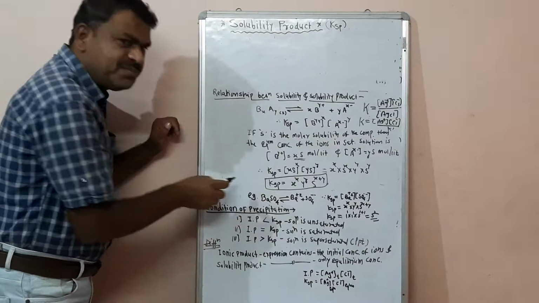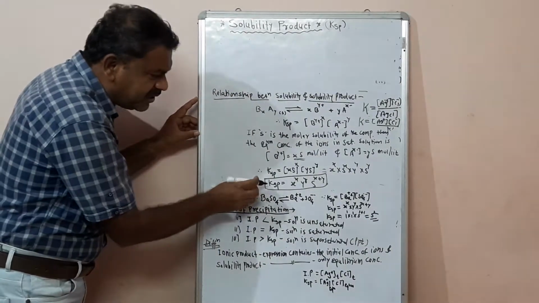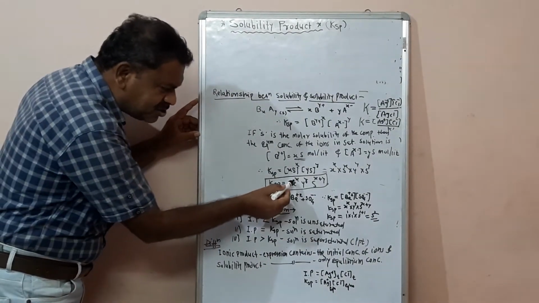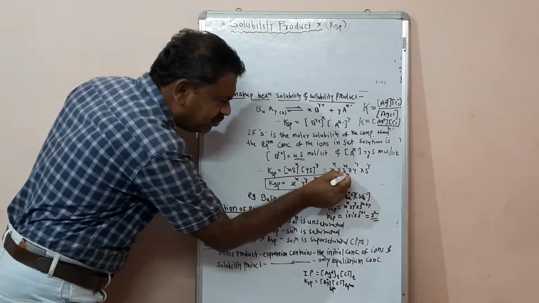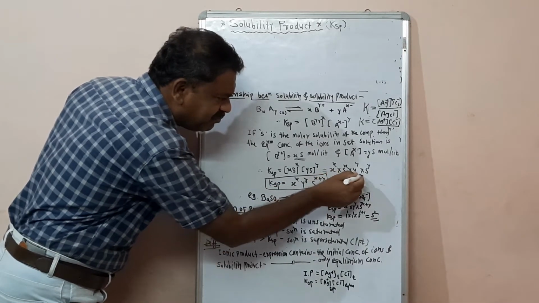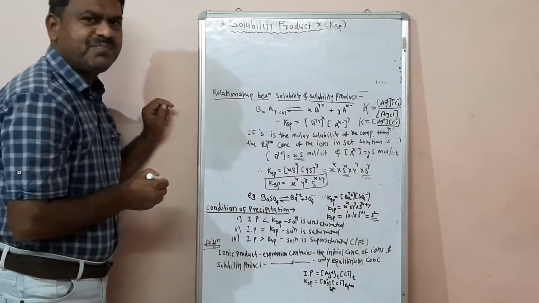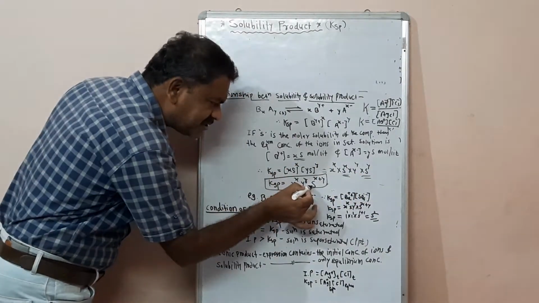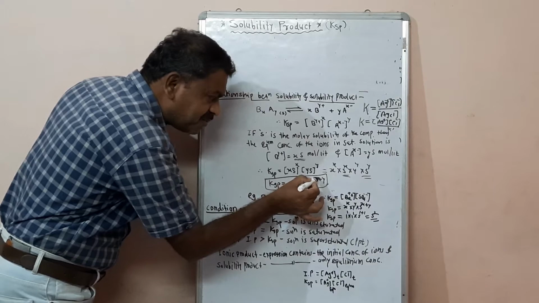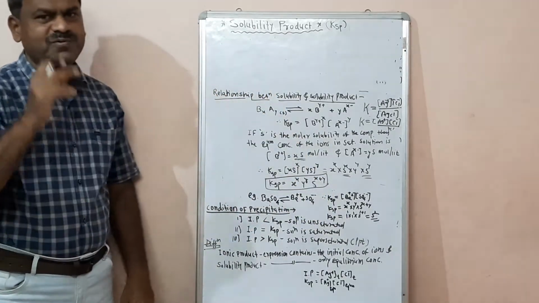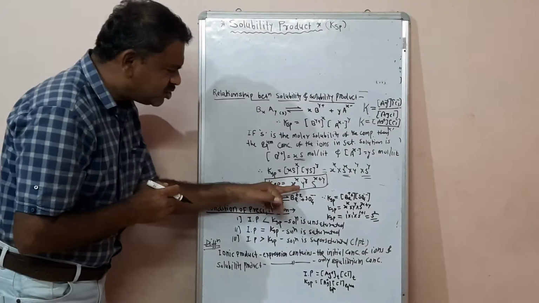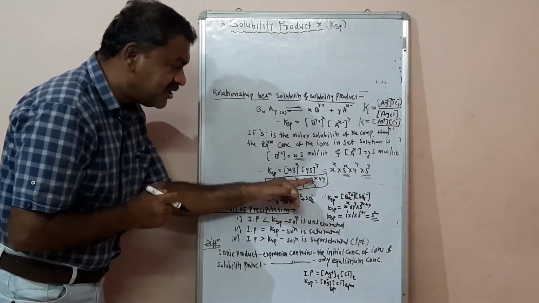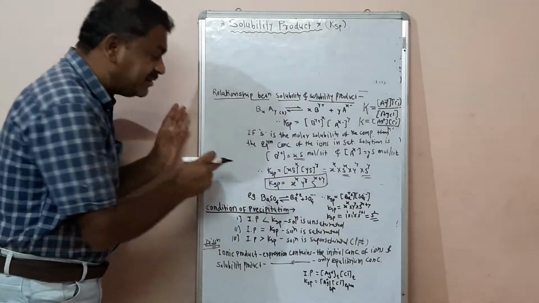Then the Ksp, the solubility product, is x raised to x, y raised to y, and S raised to x plus y, according to the indices: if the bases are the same, the powers add, x plus y.